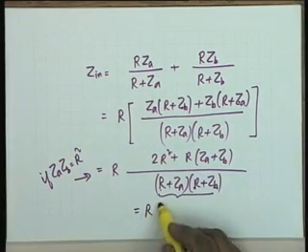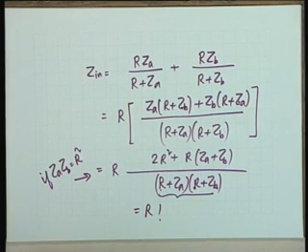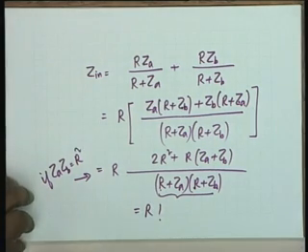So this is simply equal to R. I am skipping an algebraic step. Similarly, you can show it for the other. But they are not constant resistance networks because they are not symmetrical. Nevertheless, these networks are of interest.